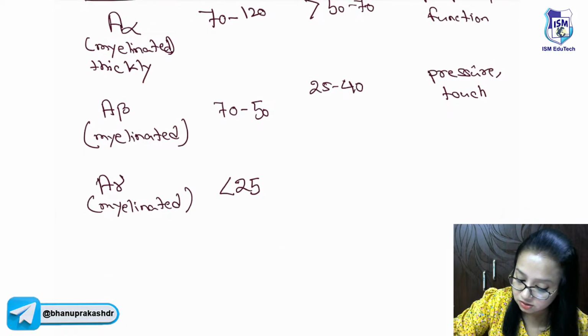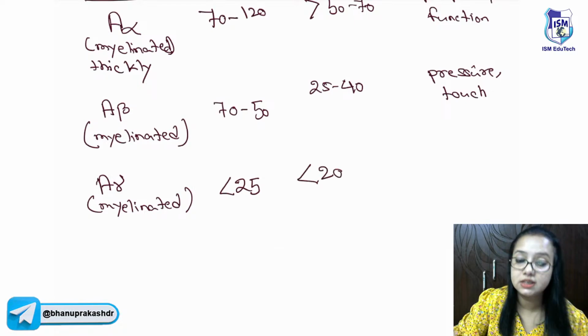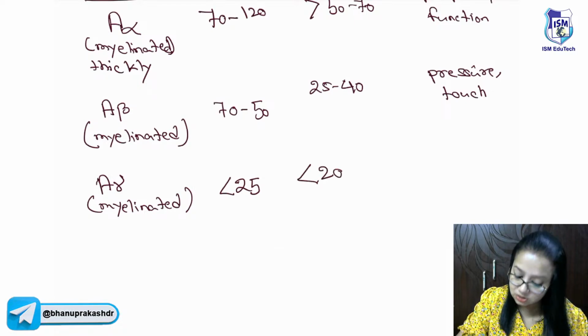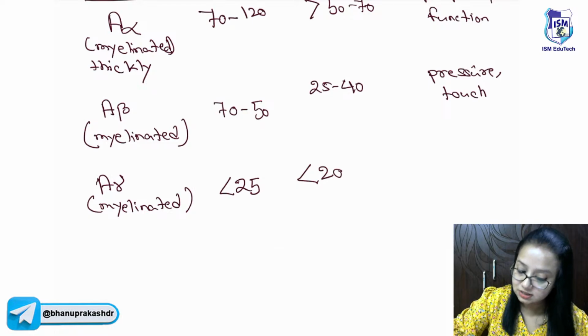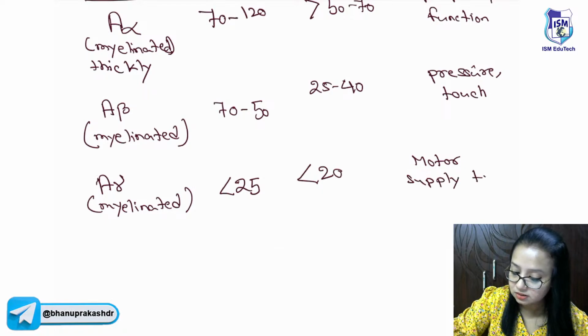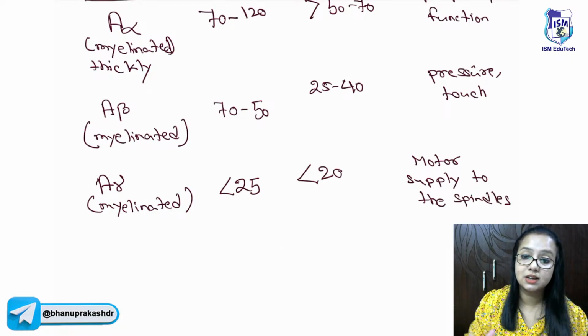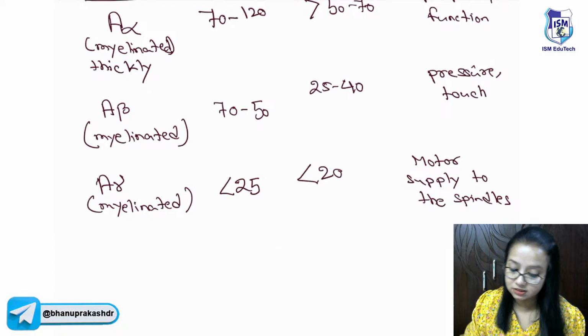The conduction velocity is also less than 20. And this one actually does the motor supply to the spindle. So this has got the motor function.